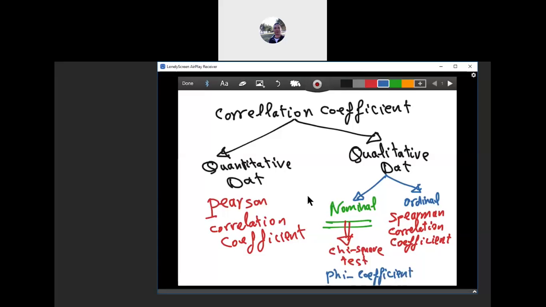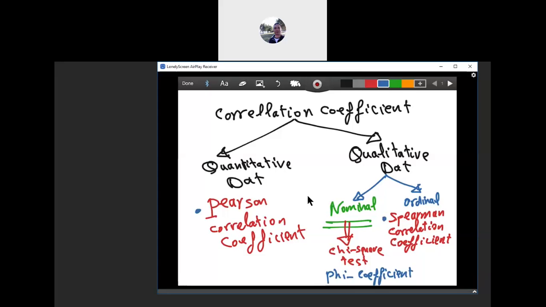Now, again, when you go for correlation, you have two types of data, quantitative and qualitative. For the quantitative data, you can use Pearson correlation coefficient. For the qualitative data, you have two types. If you have ordinal, you can go for Spearman correlation coefficient.